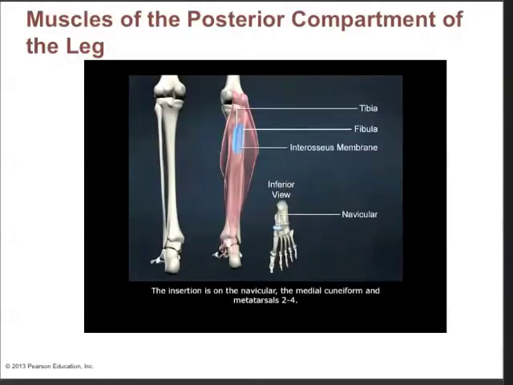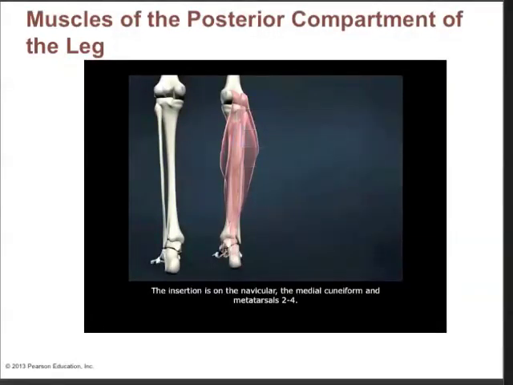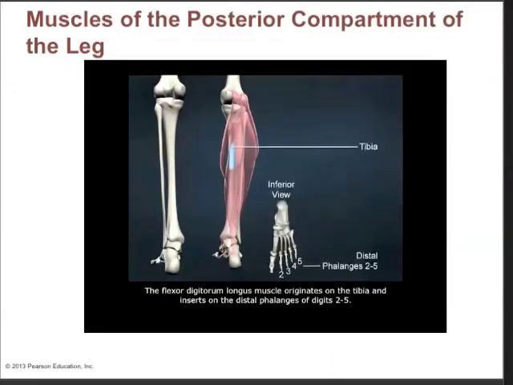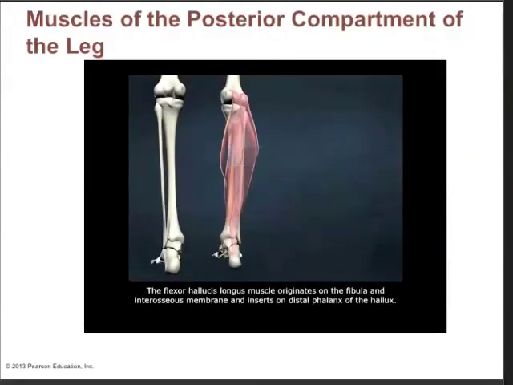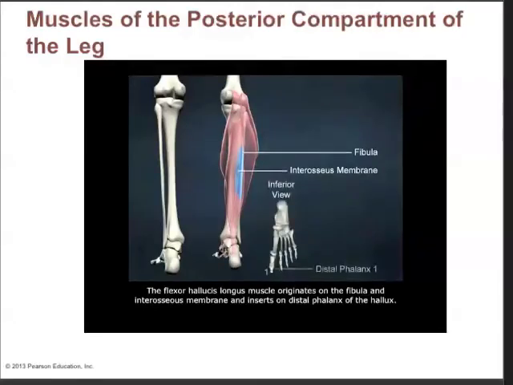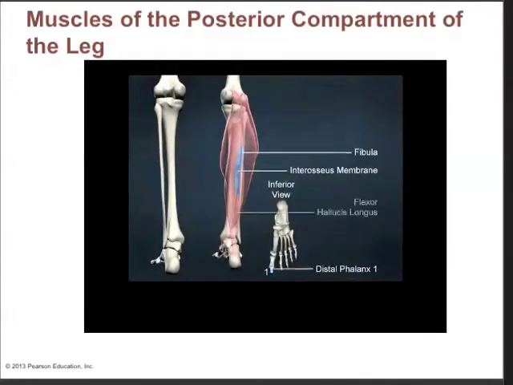The insertion is on the navicular, the medial cuneiform, and metatarsals 2 through 4. The flexor digitorum longus muscle originates on the tibia and inserts on the distal phalanges of digits 2 through 5. The flexor hallucis longus muscle originates on the fibula and interosseous membrane and inserts on the distal phalanx of the hallux.